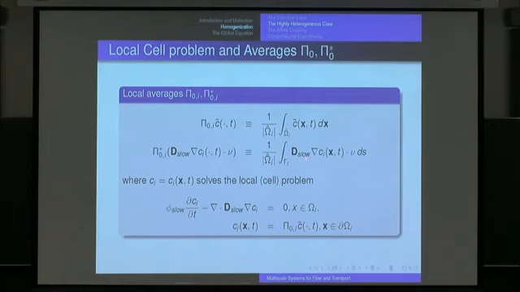And my cell problem looks like this guy with the operator itself giving me my input on the boundary. So I take this guy on the boundary, and that gives me my cell problem, and then I take the output of my cell problem, and I compute the corresponding adjoint operator acting at the point, and that gives me my output at that point. So I've got it set up as an operator, solve the problem, and the adjoint operator coming back out. That's the construction of the problem.